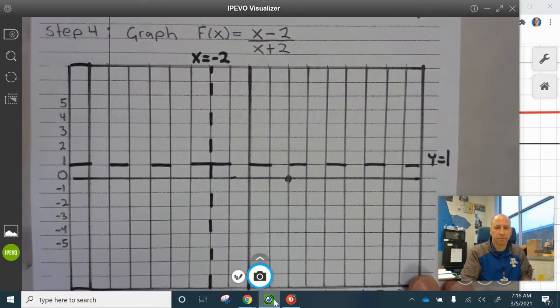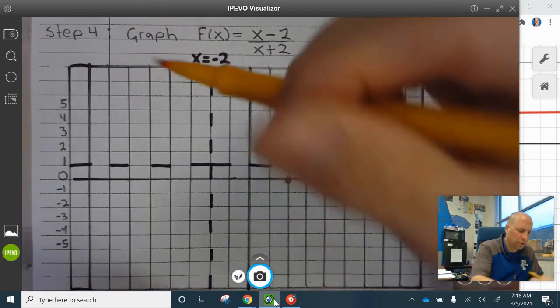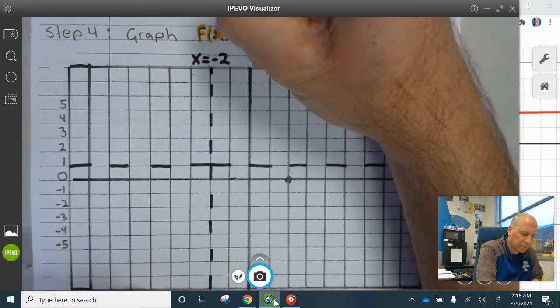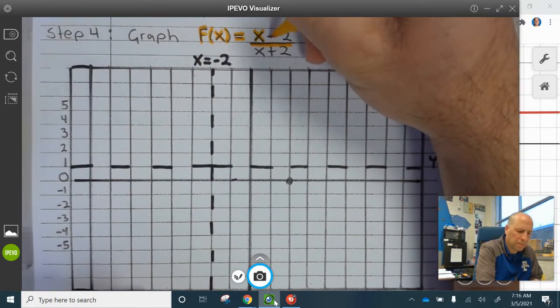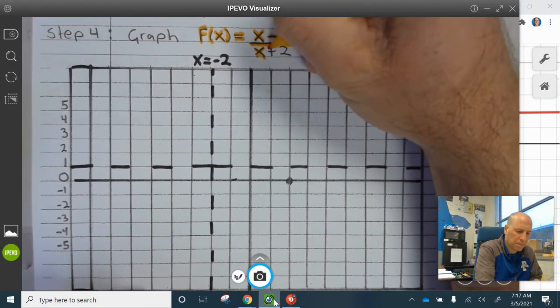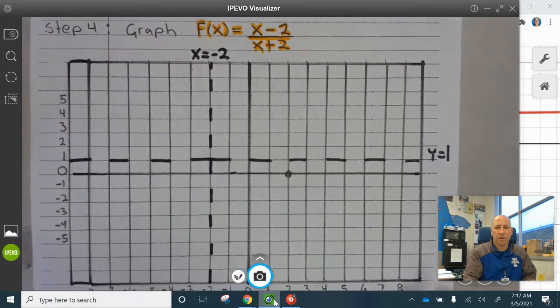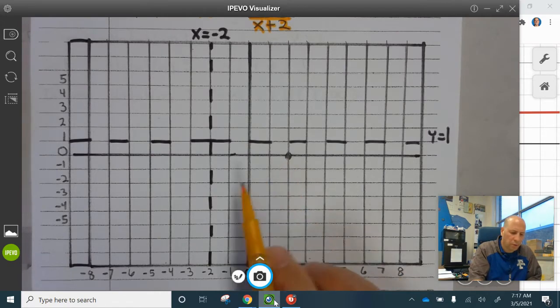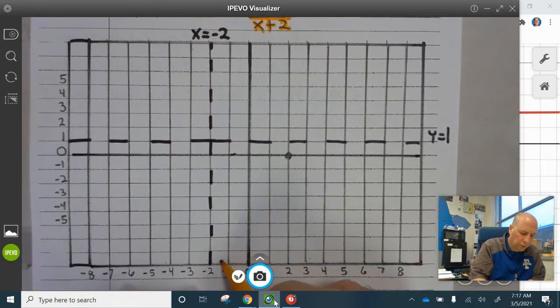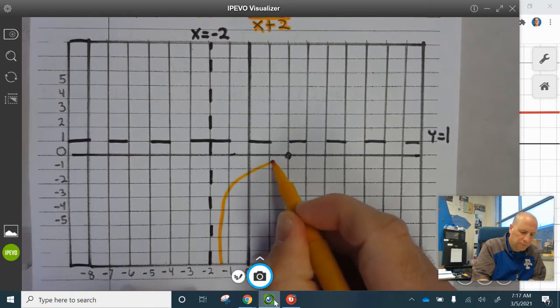Now I'm going to go ahead and graph f of x in yellow. Since you have the point here, we know it lies between these asymptotes, so your curve is here.